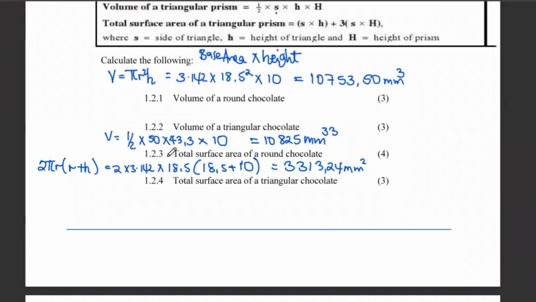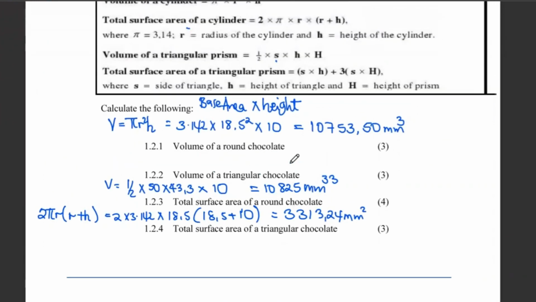Please, when you are looking at these questions, you pick the right formula and substitute accordingly. Where you see radius, you put radius. Where you see the height, you put the height accordingly. Don't just substitute. All right, let's take note. Total surface area of a triangular chocolate. Here we have it as it says.